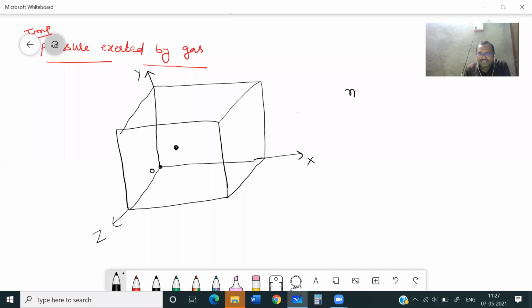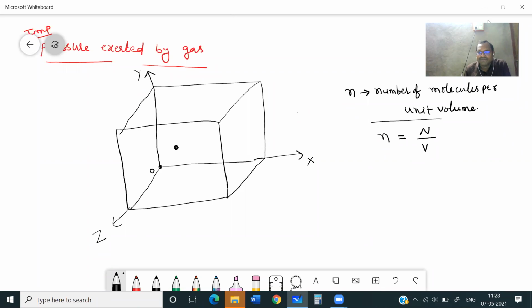Small n means the number of molecules per unit volume are present. That means small n is nothing but the total number of molecules per unit volume.